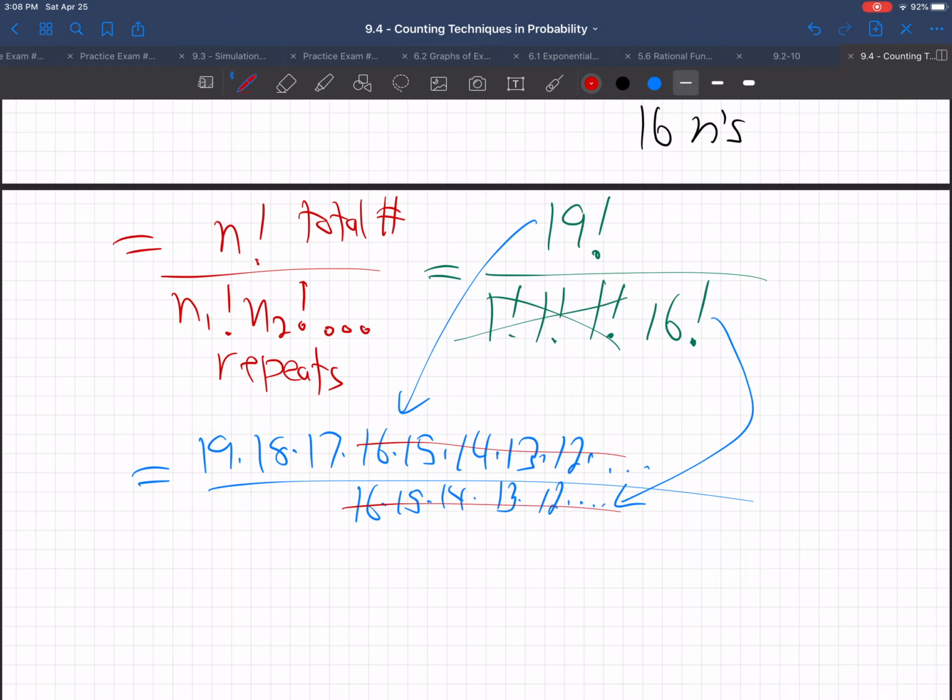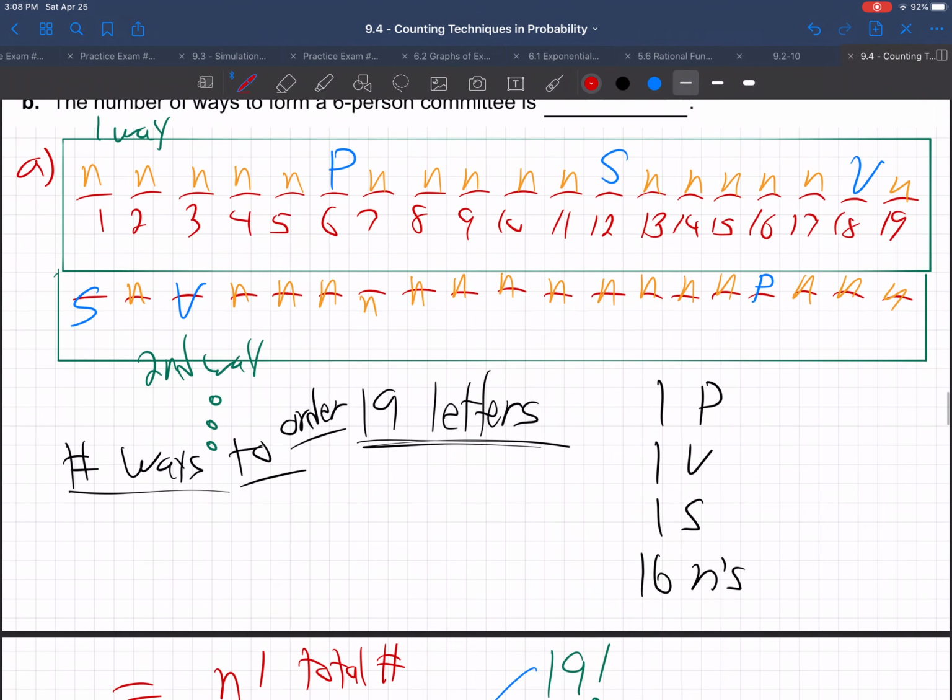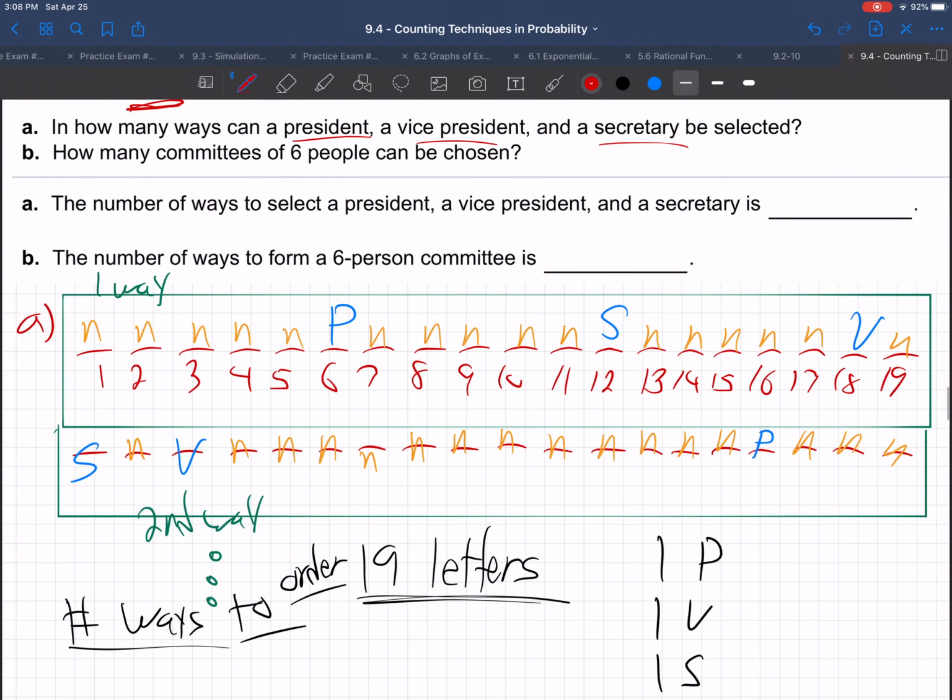The 16 on down is going to cancel out. It just becomes 19 times 18 times 17. So use your calculator. I'm getting 5,814 different ways to put those letters in order, and that means ways to pick a president, vice president, and secretary. So there's part A.